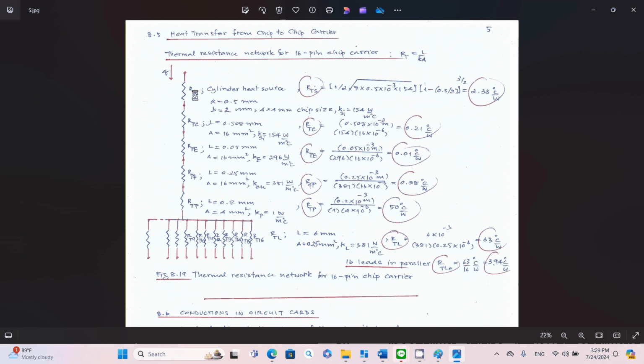Your devices or components are built on the silicon chip. So C stands for chip, that's the silicon chip. E is the eutectic bond. F is the copper frame, and P is plastic, and you also have pins, 16 pins of the dual inline package.